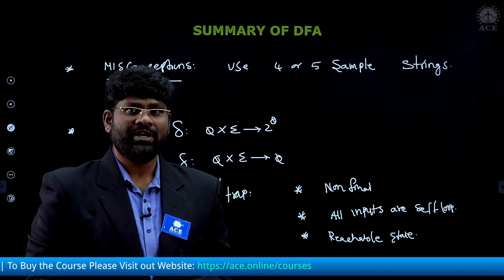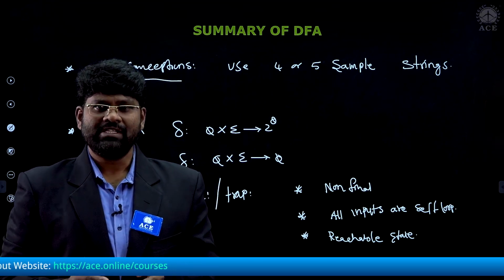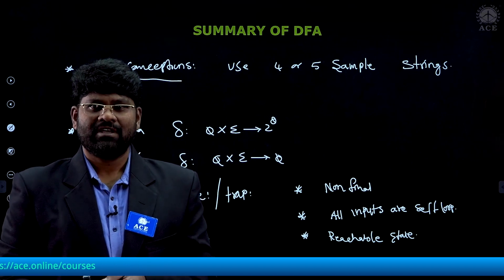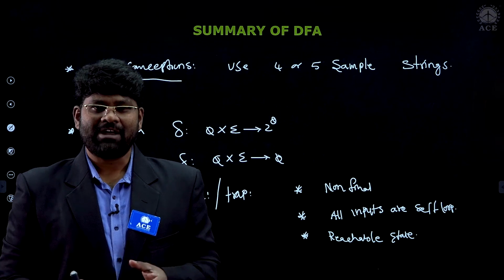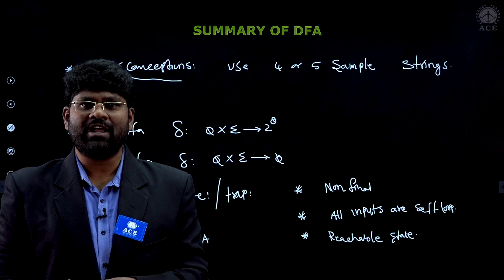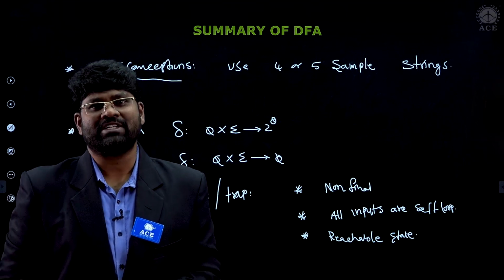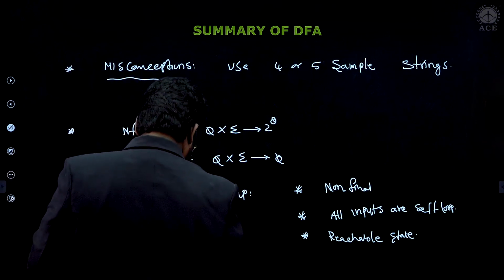That is one more model you have to focus on for the examination. One is identification of the language, otherwise identification of the finite automata for the given language. Sometimes a partially constructed machine will be given, and you have to identify the rest of the connections.